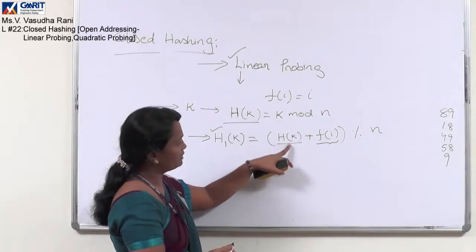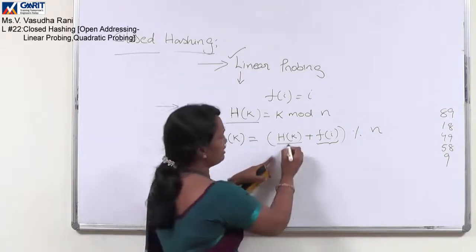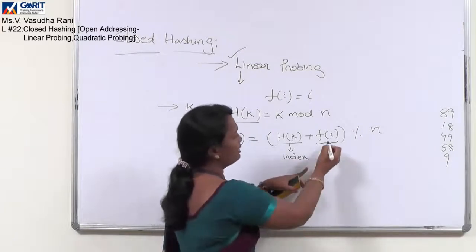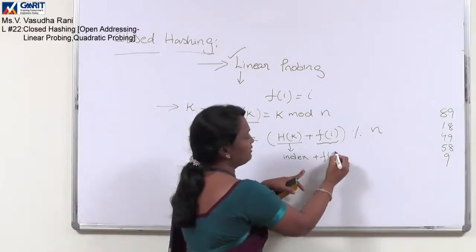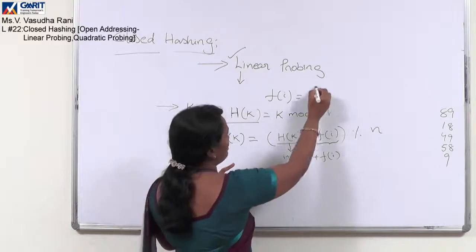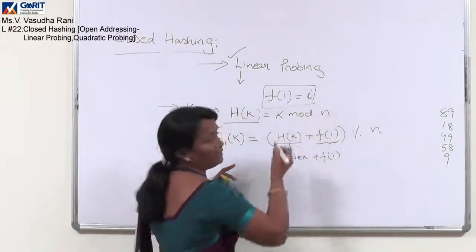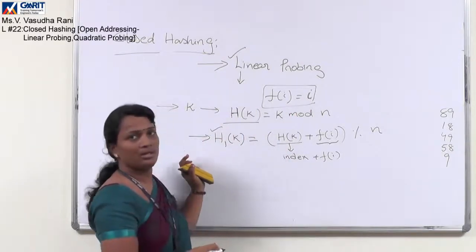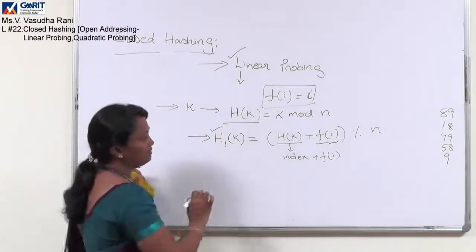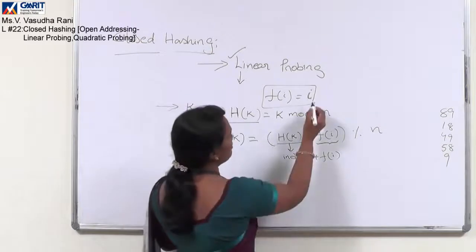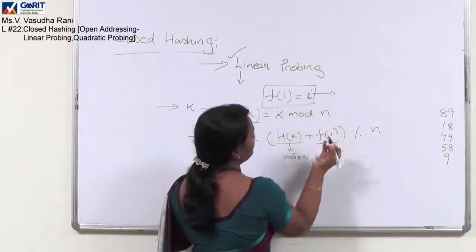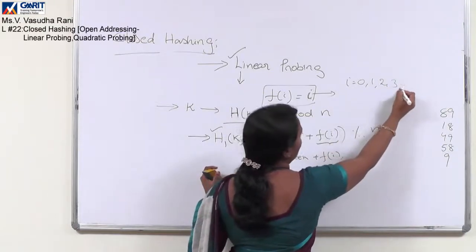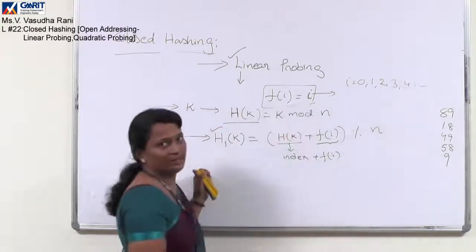The result of this hash function is our index. To the index generated, we add this f of I value, which is a linear function of I. That's why this is named linear probing. Here f of I equals I, and I values can vary from 0, 1, 2, 3, 4, and so on.